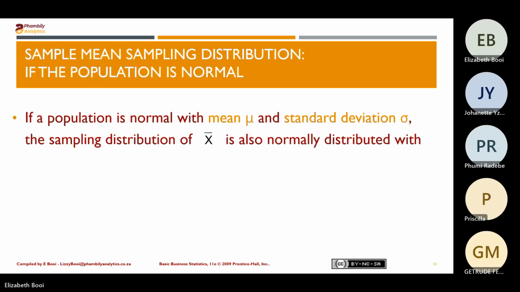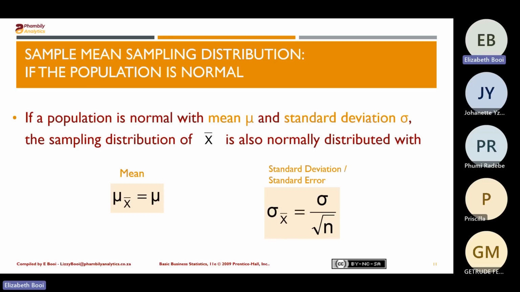So now, if my population is normally distributed with the mean and the standard deviation, for the sampling distribution, the mean of the sampling distribution will be the same as your population mean, and your standard error will be your population standard deviation divided by the square root of n.